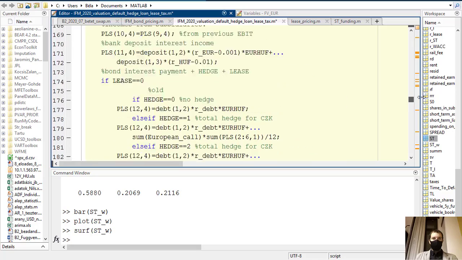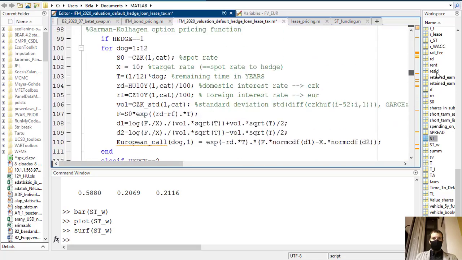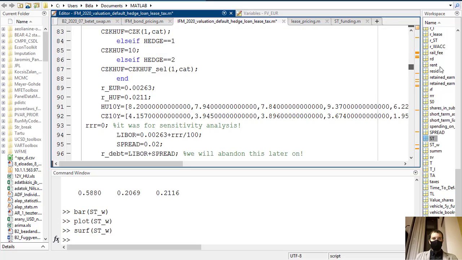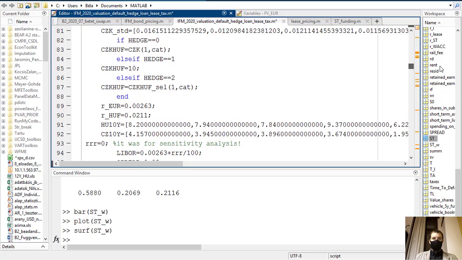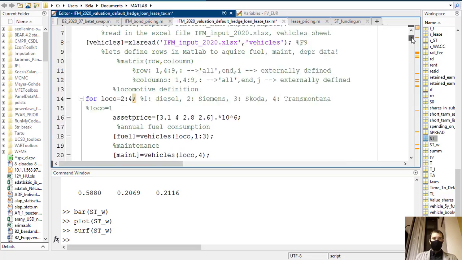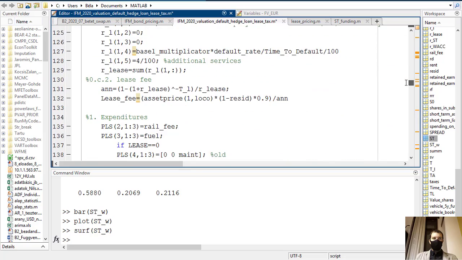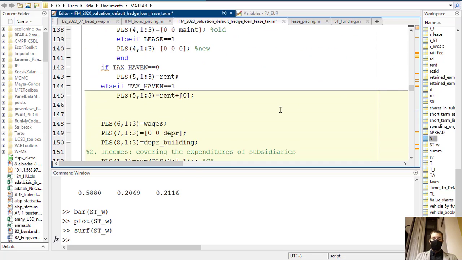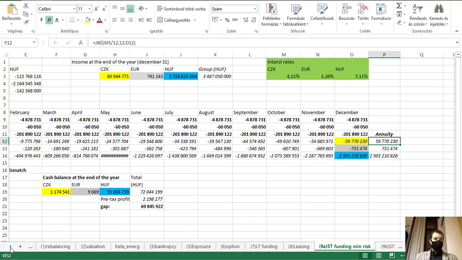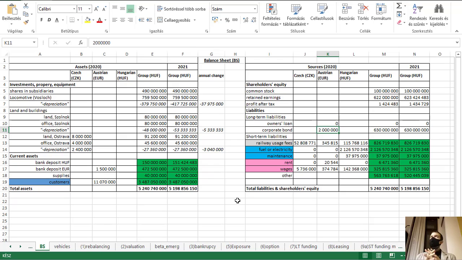Since we have Hungarian forint interests. Okay. Usually you mention that you are able to generate 1 billion Hungarian forint.